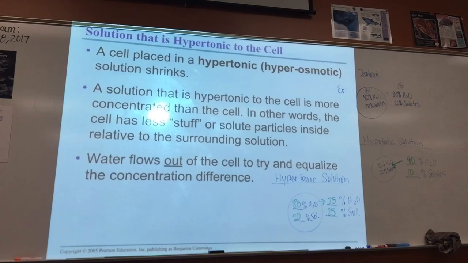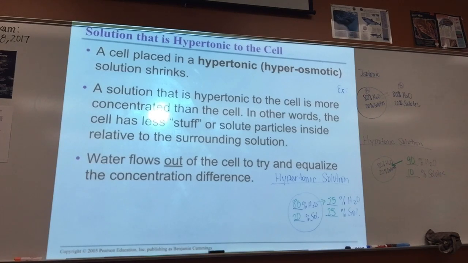I do want to point out, when you use the words hypo and hypertonic, you cannot use them when you only have one solution. If I had a beaker of a salt solution here, I couldn't say, ooh, that solution is hypertonic. Why? Because you can only use those words in comparing two solutions.